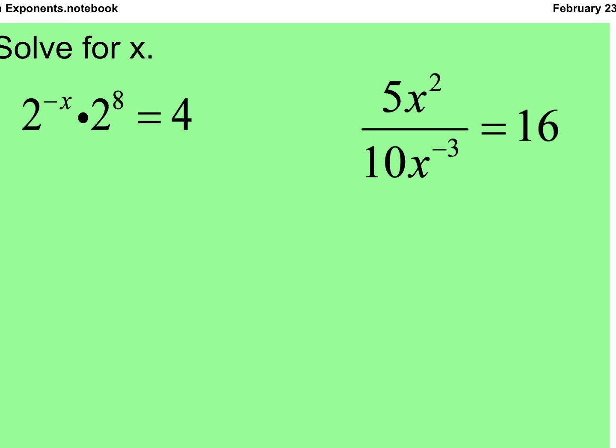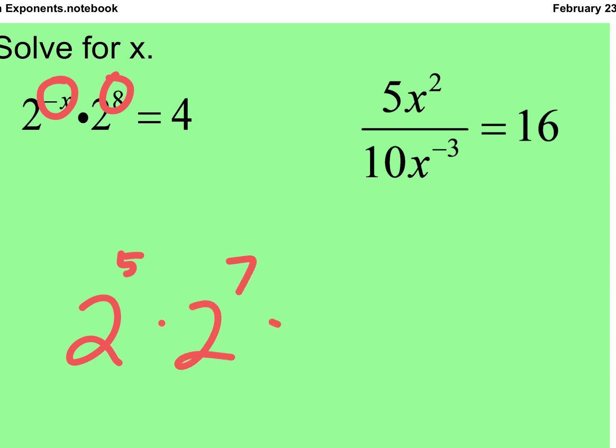Don't you normally add the exponents? Like whatever's here and whatever's here, wouldn't you normally add those? If you really understand these, it's kind of like 2 to the 5th times 2 to the 7th. Do you get that this is equal to 2 to the 12th? You just add the exponents. Do you get that? So that's what you do.